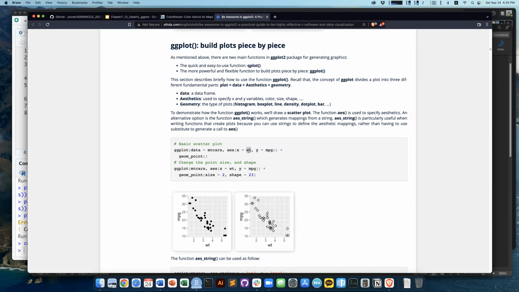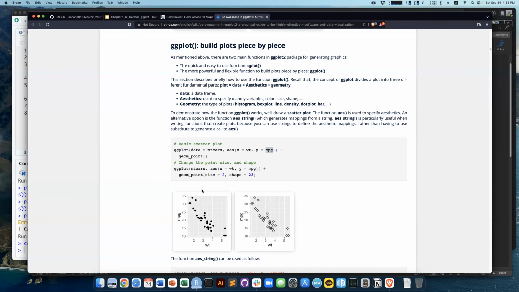And it has the column name from this data frame. You don't have to put quotes like you use in tidyverse. You can just put column names on here, right? So WT is one of the column names from this data frame. So you put WT and you put MPG, then you can get X and Y information here, right?